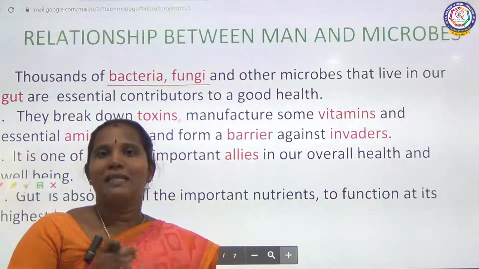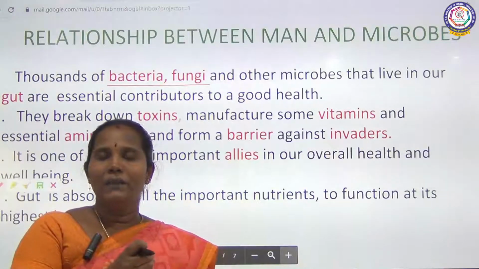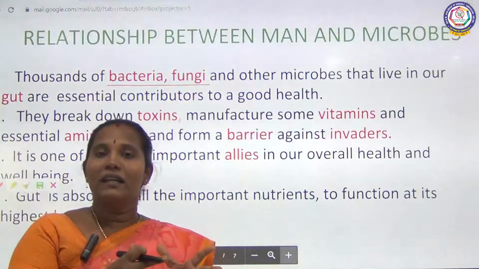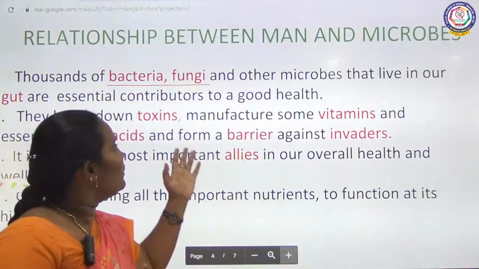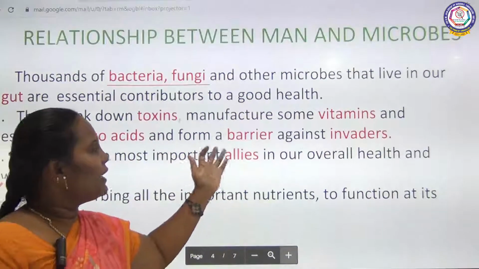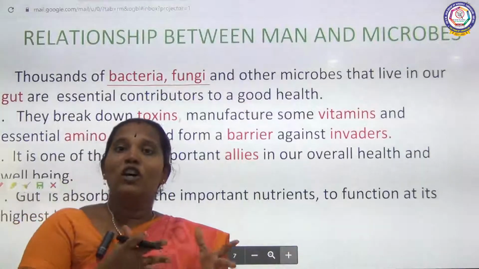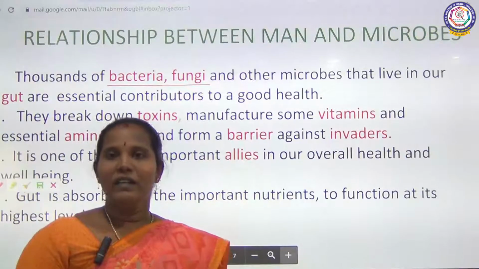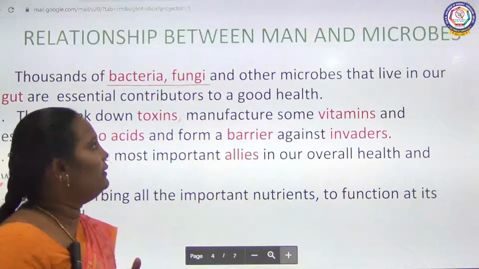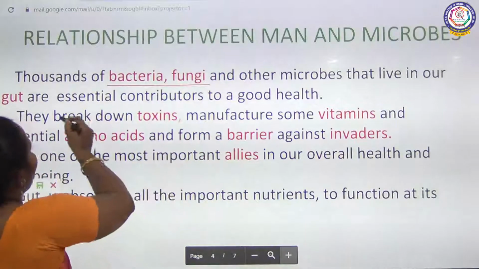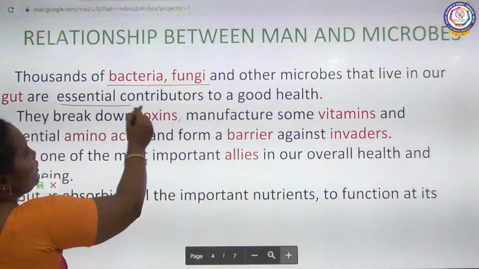These microbes help us; they are working as a barrier. Barrier means they give extra support to our body. Listen. The microbes that live in our gut make an essential contribution.